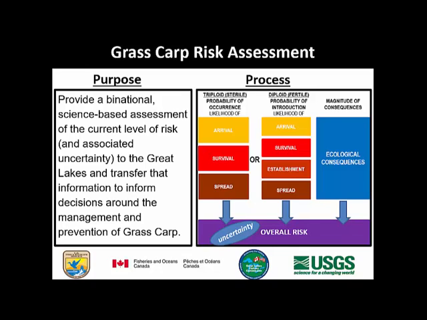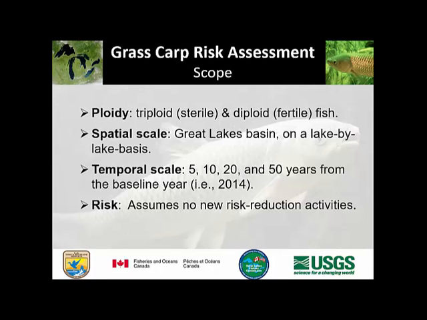Then the writing team interacted with a variety of folks to scope out the scale of the questions. This is essentially what the managers told us was important to consider. Consider both sterile and fertile grass carp. Think about the entire Great Lakes Basin, but also do it on a lake-by-lake basis, because that lake-by-lake discrimination is important for management decision-making.